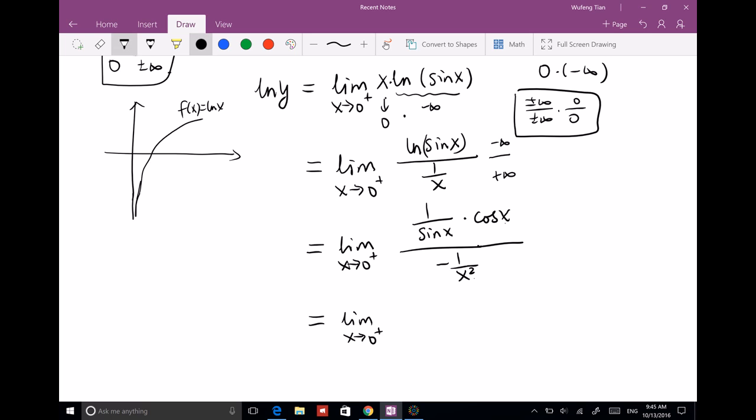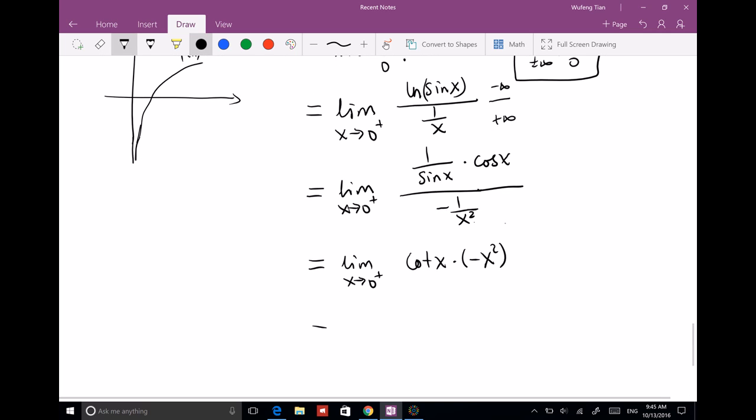So it's cotangent x times negative x squared. We don't have L'Hopital's rule again. You plug 0 into here, this is infinity and this is 0. 0 times infinity again. Okay, we cannot do L'Hopital's rule again.